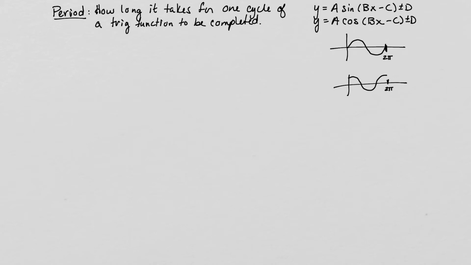So in general, it's 2 pi, but as soon as you start putting a B, if there's a value for B, that gets changed. So the period for sine and cosine is 2 pi over B. It's 2 pi over B because 2 pi is how long the regular wave is.